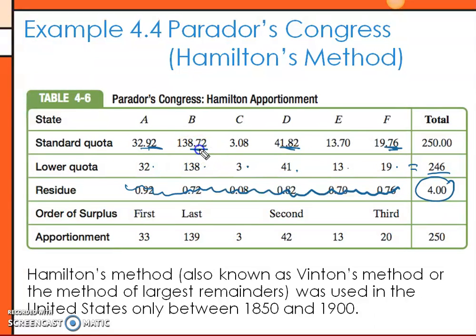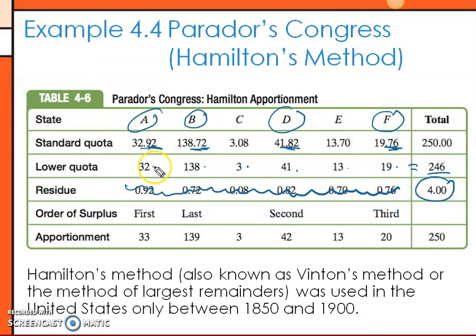And then 0.72 is bigger than just 0.7, because that's 70 100ths, and that's 72 100ths. So it looks like we got 1, 2, 3, 4 ranked who is the closest to rounding up. So who gets an extra seat? It looks like A gets an extra seat, then D gets an extra seat, then F, and then B.